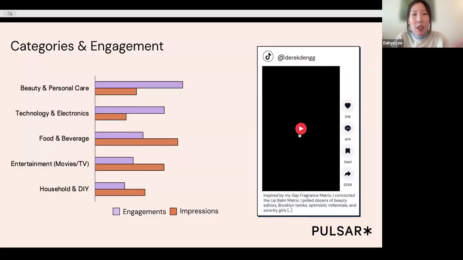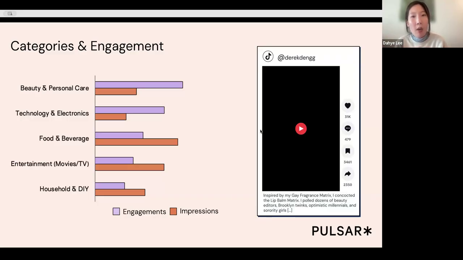So we measured each category against two dimensions. First one is impressions, which capture awareness, how far the content travels, and then engagement, which measures resonance, like likes, comments, saves, and shares.